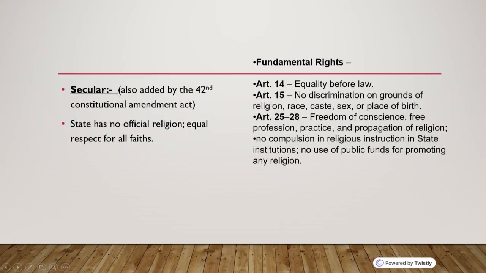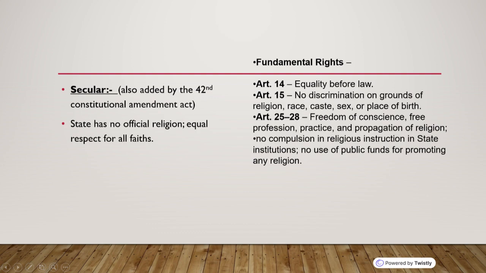In the fundamental rights, Article 14 is equality before law. Article 15 is no discrimination on grounds of religion; the first of the grounds is religion. No man can be discriminated against on the basis of these grounds.